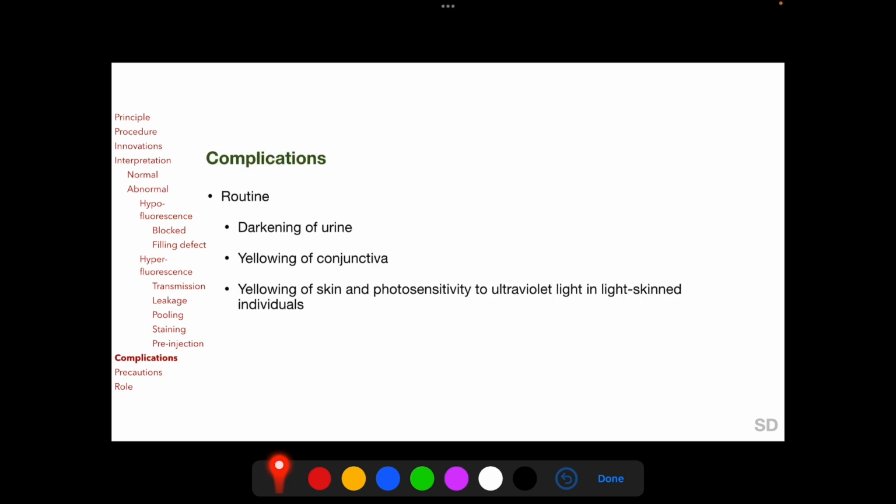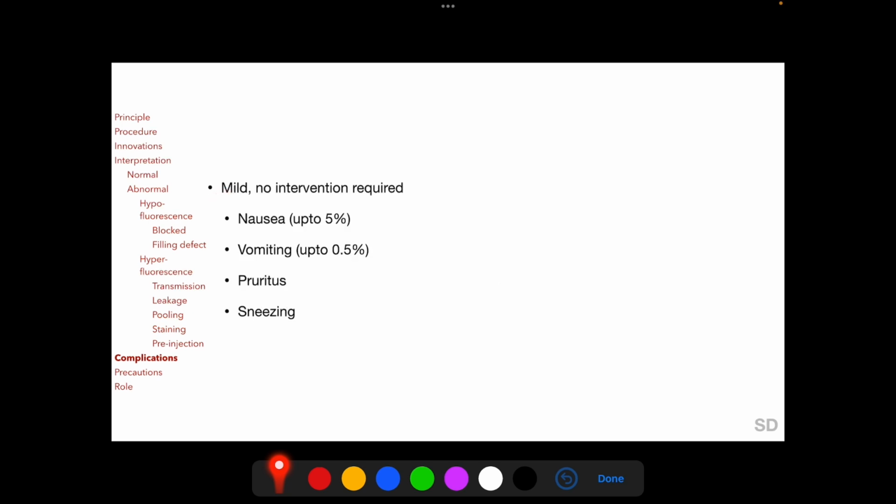Routine complications of fluorescent angiography include darkening of urine, yellowing of conjunctiva, and yellowing of skin, and photosensitivity to ultraviolet light in light-skinned individuals. Mild complications which require no intervention include nausea in up to 5% of patients, vomiting in up to 0.5% of patients, pruritus, and sneezing.